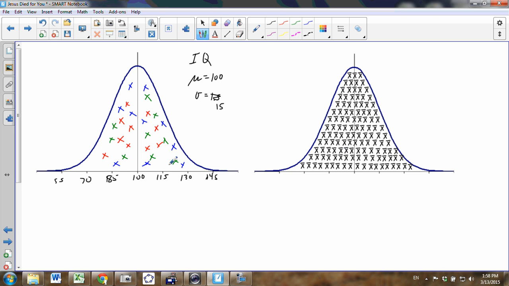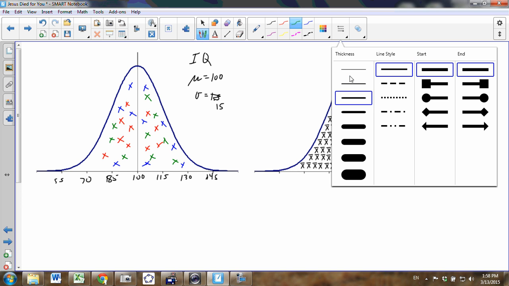Now, if we consider these sample means over here, where each one of them is the mean of a sample of a certain size, remember what I'm dealing with here is that standard error.